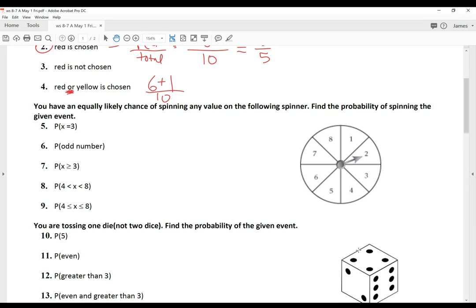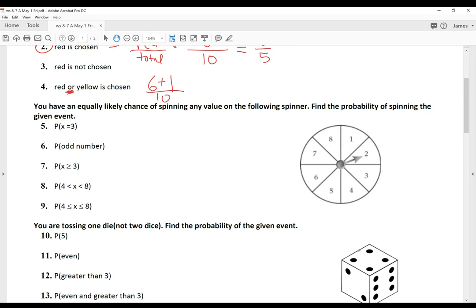So next part, this is a spinner in a circle, and you have equally spaced numbers from 1 through 8. So 1 through 8 has equal chance of getting outcome. Okay, so for example, number 7, what's the chance that you're gonna get something greater than or equal to 3?